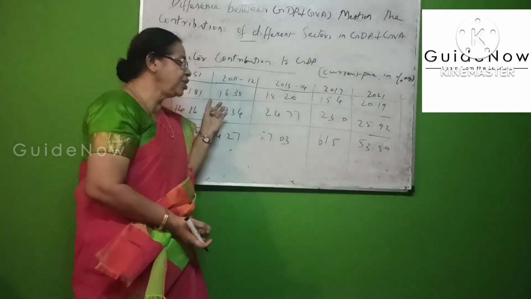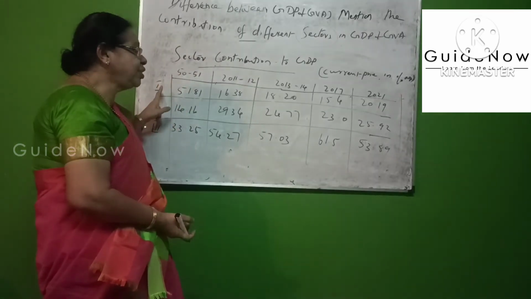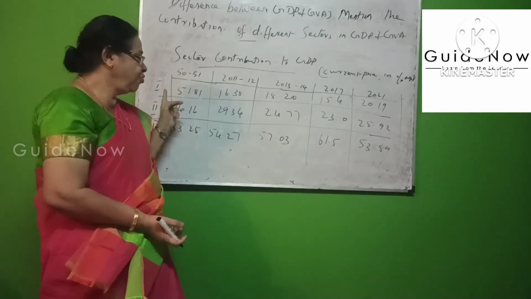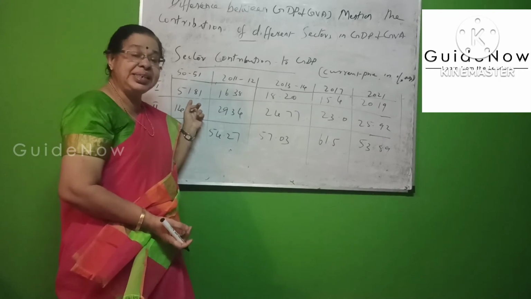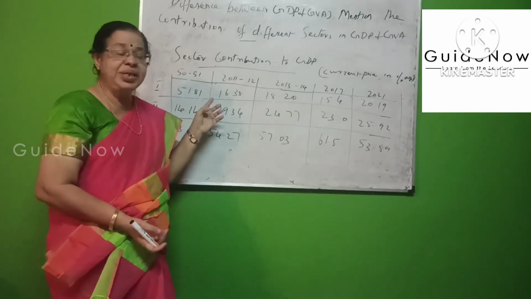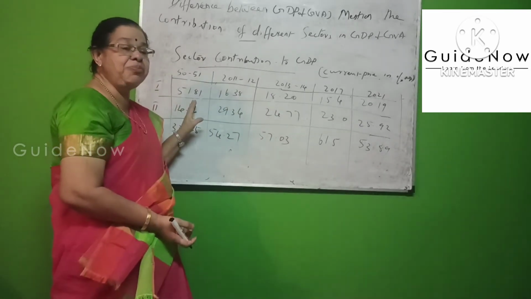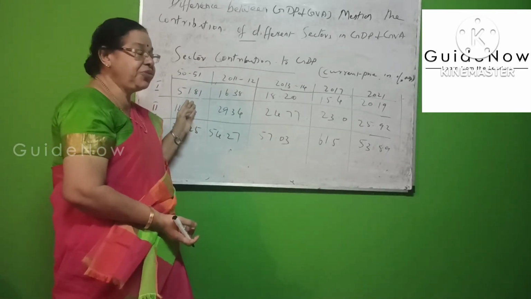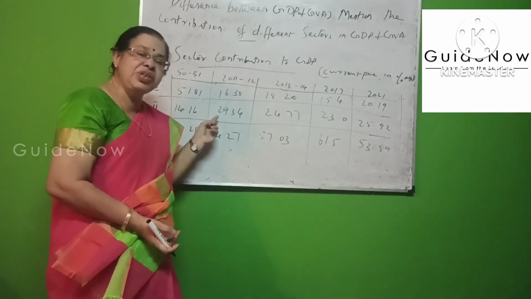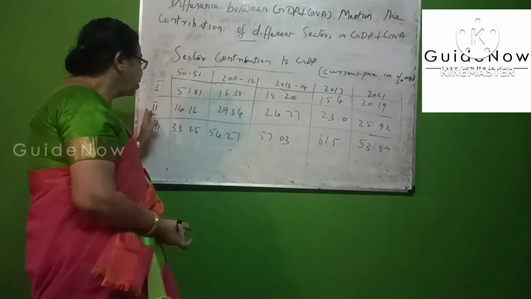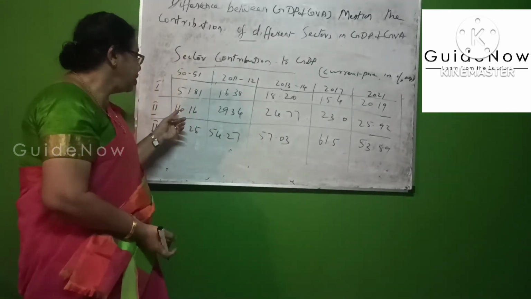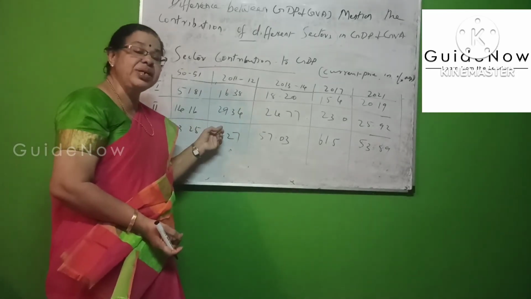So first, the first sector contribution in the year 1950-51. First sector, that is agriculture and allied activities, contributed 51.81. In the same year, the secondary sector, the manufacturing sector, contributed only 14.16.